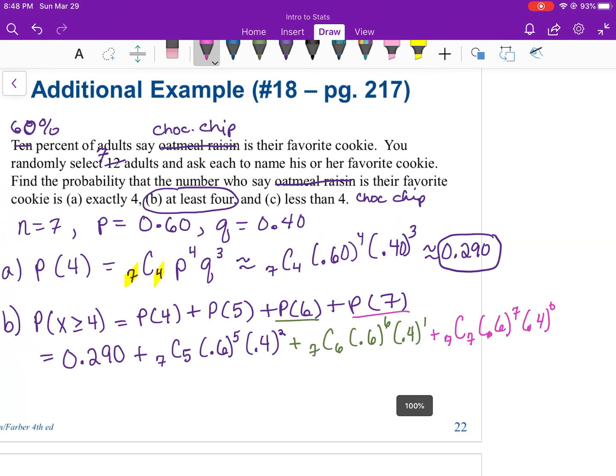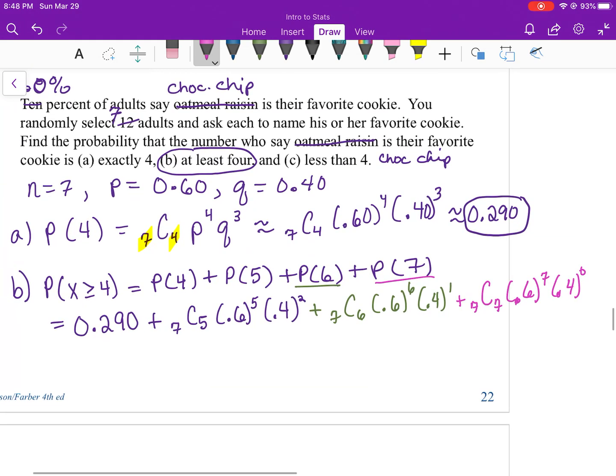Okay, it's going to take you a little bit of time to put all of those in your calculator. If you know how to use the edit feature on your graphing calculator, that's going to make things go a little bit faster for you.